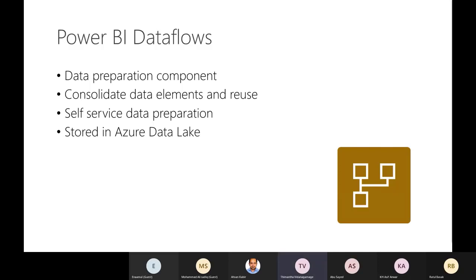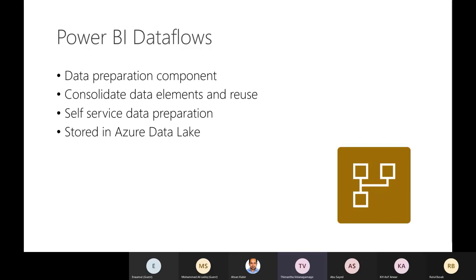Whatever you have in the output tables or the entities in a data flow are stored internally in Microsoft's own Azure data lake, and that's not really visible for anyone, that's done internally itself.